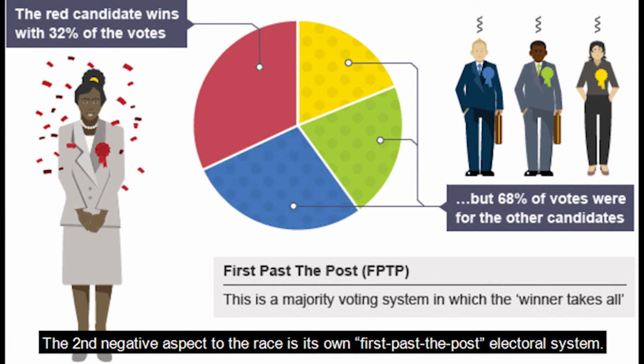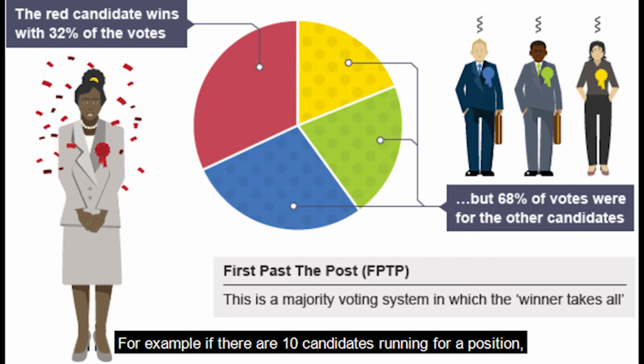The second negative aspect of the race is its first past the post electoral system. Basically, there's just one round of voting and the candidate with the most votes wins.